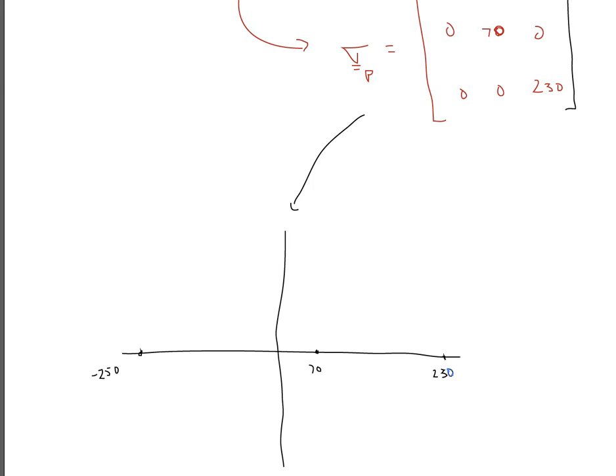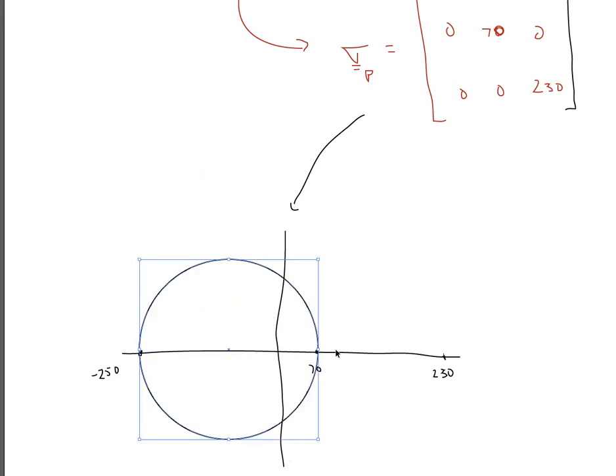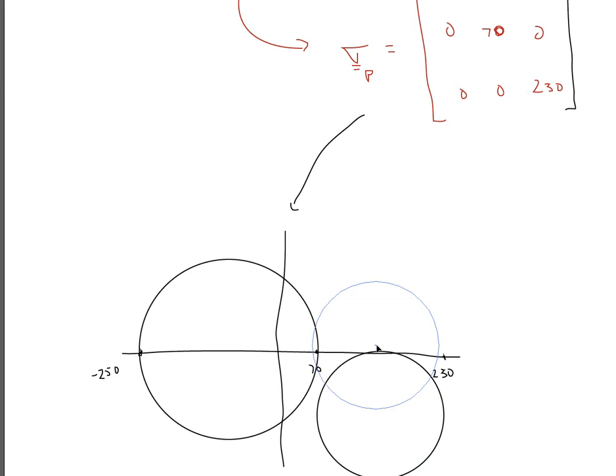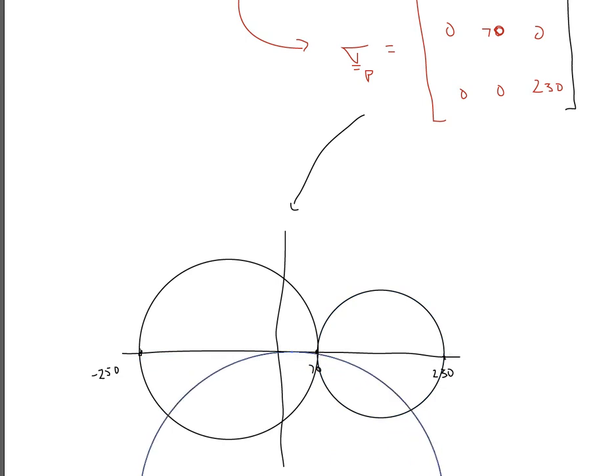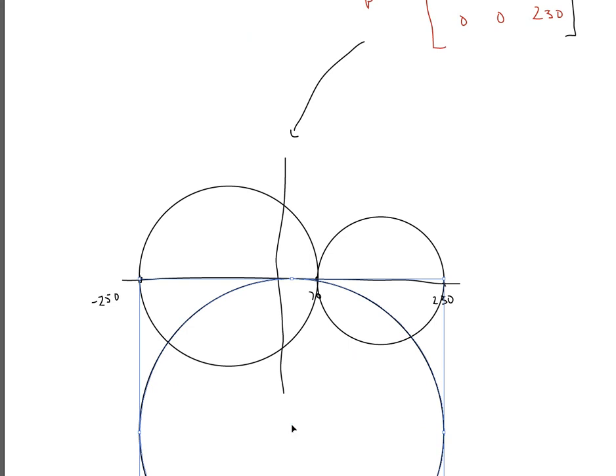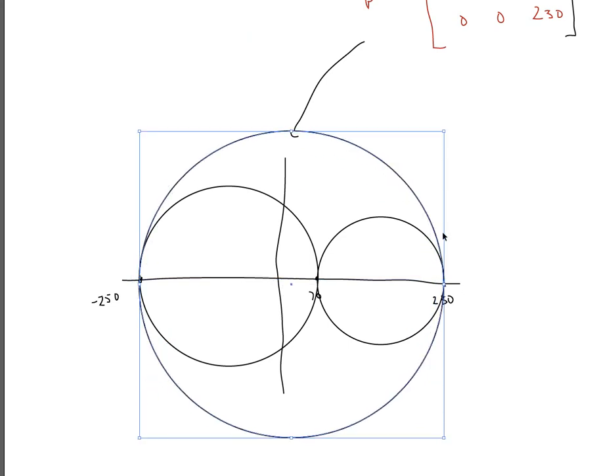And I can now draw what's called the three-dimensional Mohr's circle. And again, I'm going to cheat. And there we go.